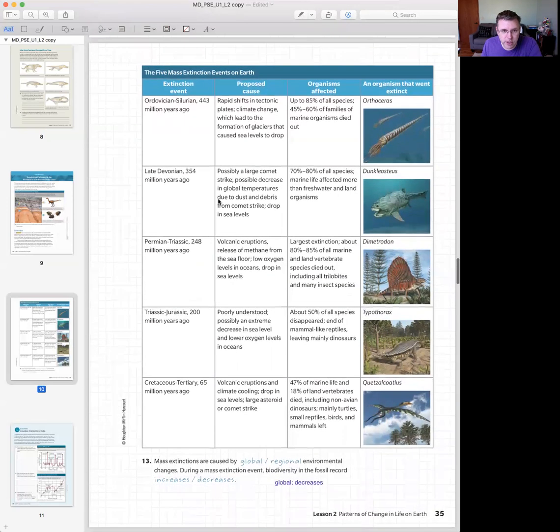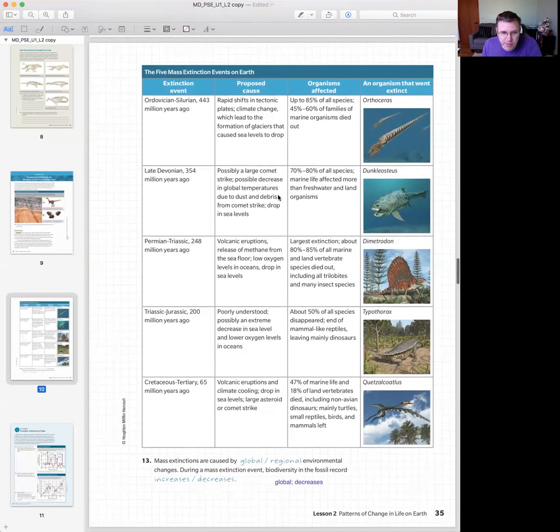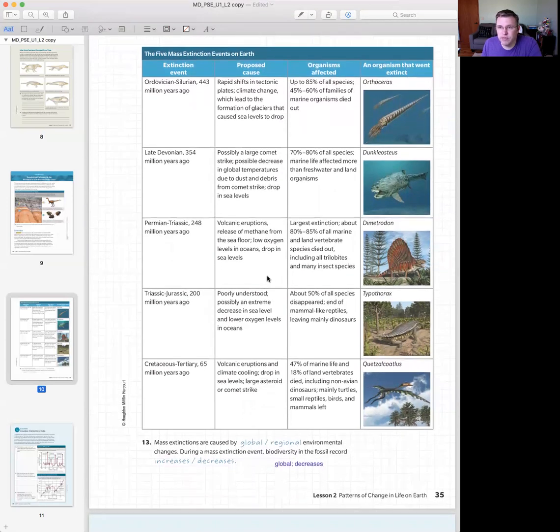A couple of these probably are, but also shifts in tectonic plates, climate change. That one's a volcanic or a comet strike. Volcanic eruptions here. Okay, so lots of different things can potentially cause these, but it's a situation where you have a very rapid change in the environments, and organisms aren't able to adapt to that, so a lot of organisms die off.